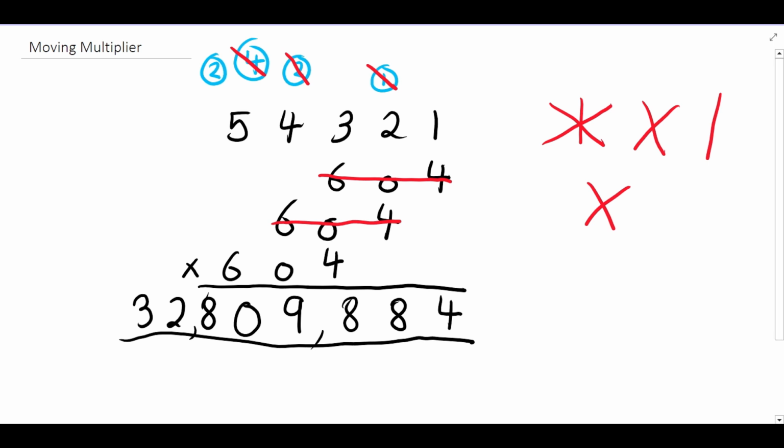I hope you got the pattern that we're following, but in case you didn't, let me just explain. So we start with the first digit, then we move to crosswise. Then if your multiplier, meaning the second number, is a 2-digit number, you move the crosswise one digit left and do it again.